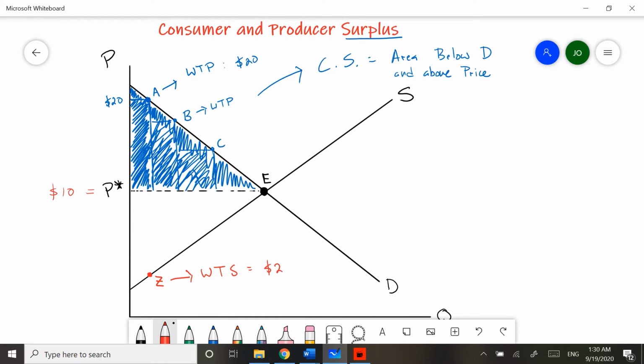We can take a similar approach to producers. But instead of having a willingness to pay, producers have a willingness to sell, which is the minimum price they are willing to take for their product. So, if we have several producers and each of them has a different willingness to sell, we can start calculating the individual surplus for each producer, as shown here.